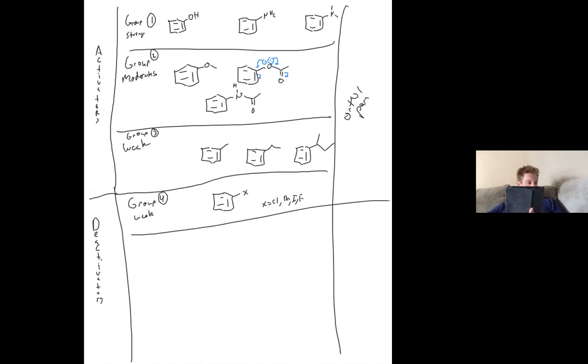Group 5 and Group 6 are going to be meta directors. They're going to start withdrawing enough charge from the ring that it's going to make it favor the other direction. So our Group 5 is really going to consist of pretty much anything that has a double bond or carbonyl next to our ring.